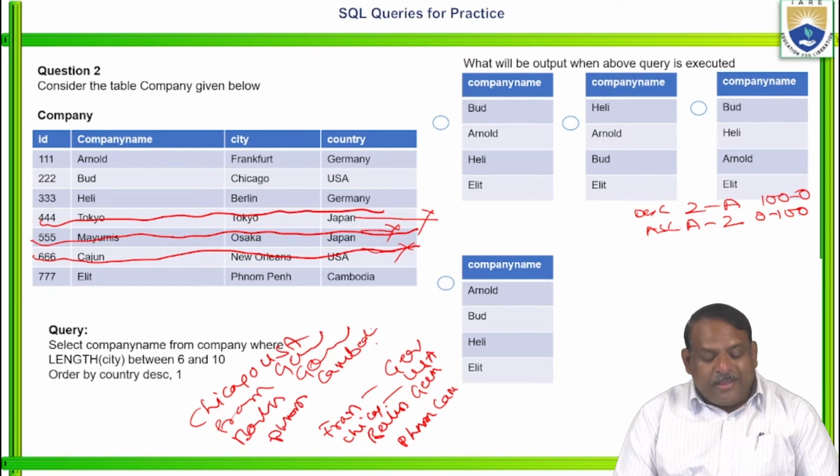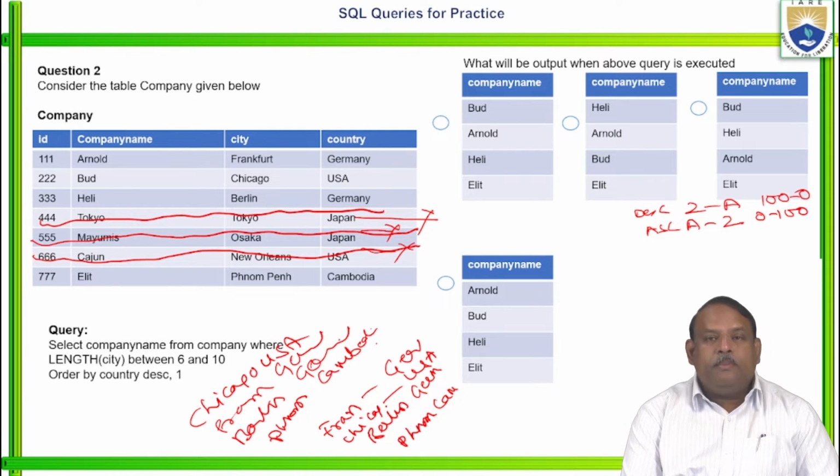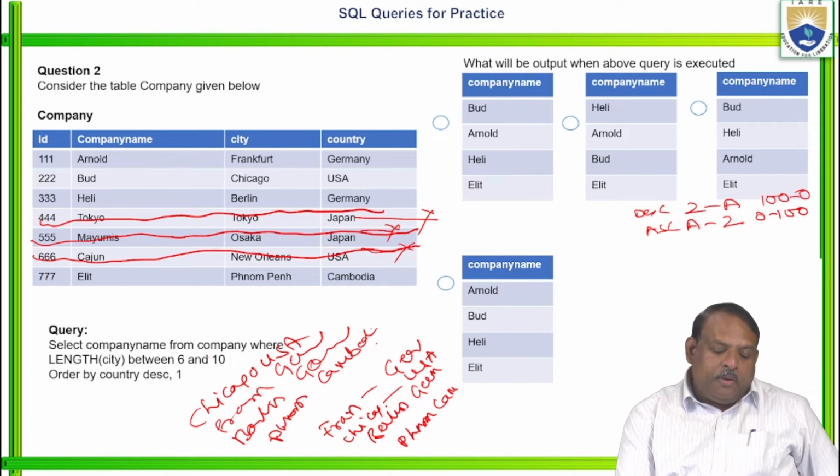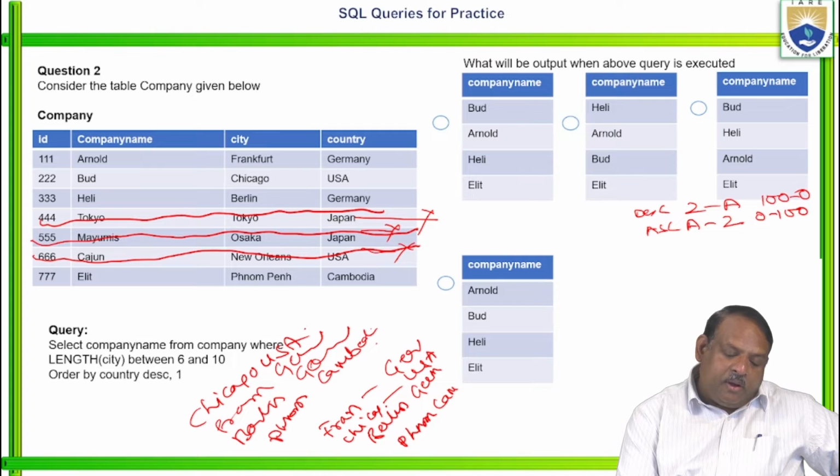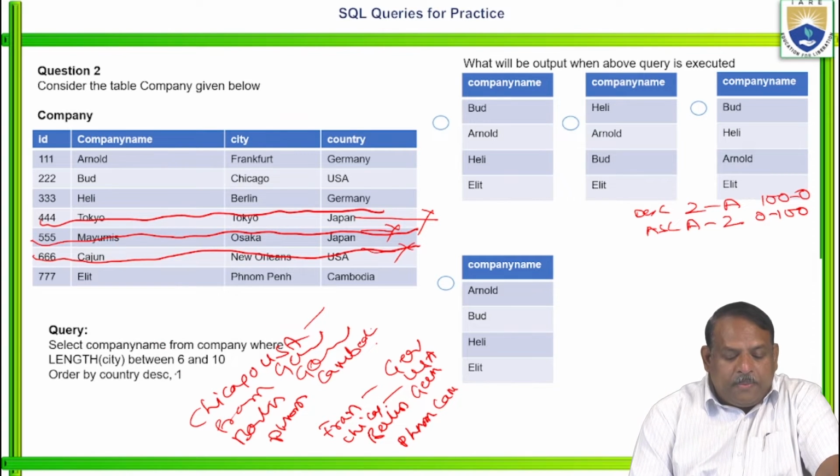Now we have to apply the secondary sort because there are 2 values having the same country. What is the second sort? It is company name. For Chicago it is only one. Now out of Frankfurt and Berlin, we have to order by company name.